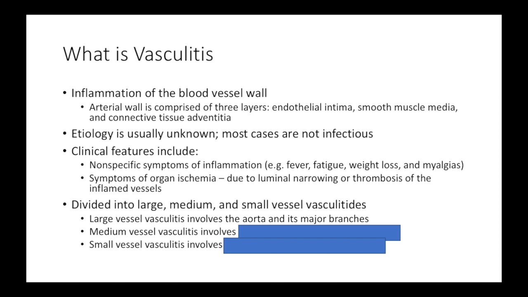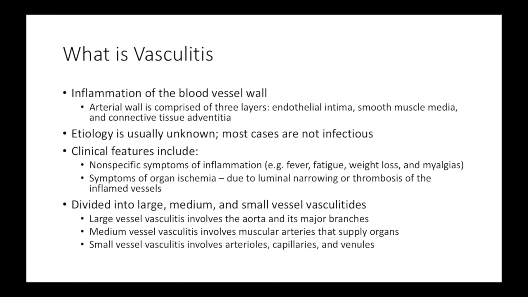How about medium vessel vasculitis? Still a little bigger than arterioles. This one talks about just muscular arteries that supply organs in general. And for small vessel vasculitis, now we have arterioles, capillaries, and venules. So all of that. The much smaller ones that are closer to participating in gas exchange.